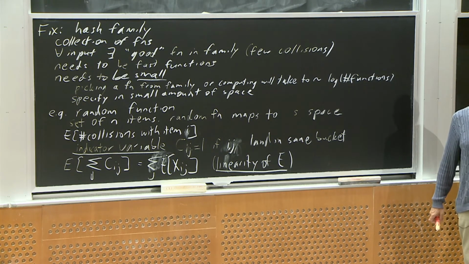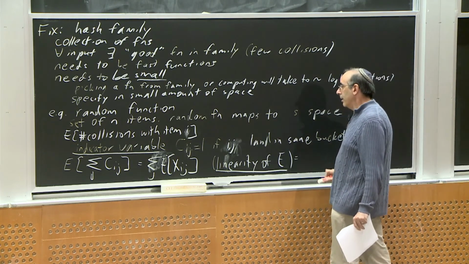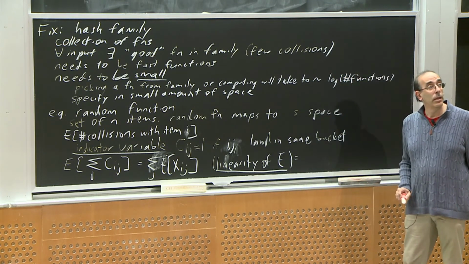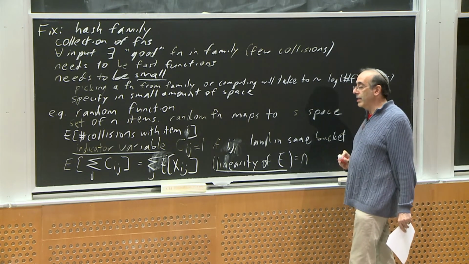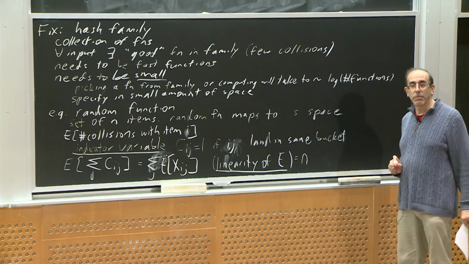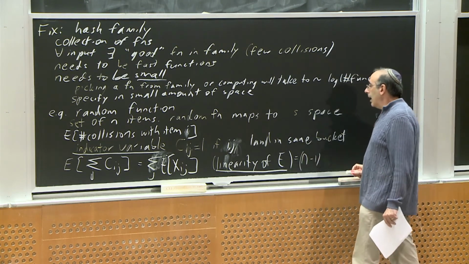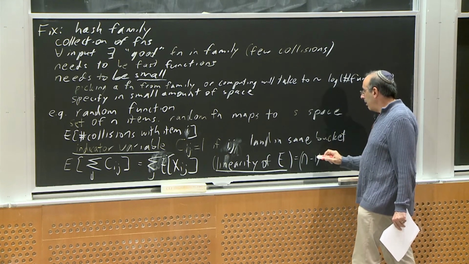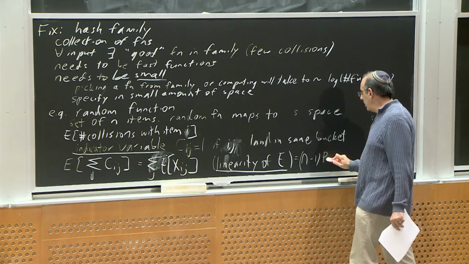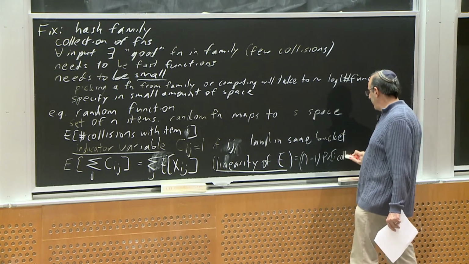Yes? Good. So there are n of these indicator variables that I'm summing, 1 for each j, or n minus 1, right? And the value of a single indicator is just the probability that i collides with j.